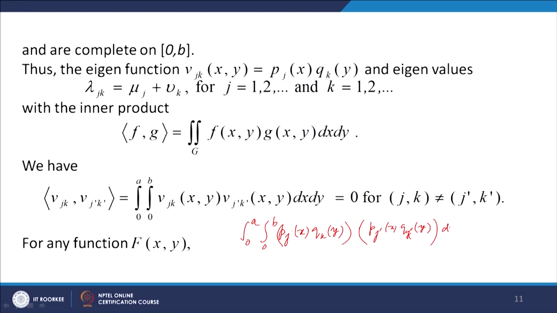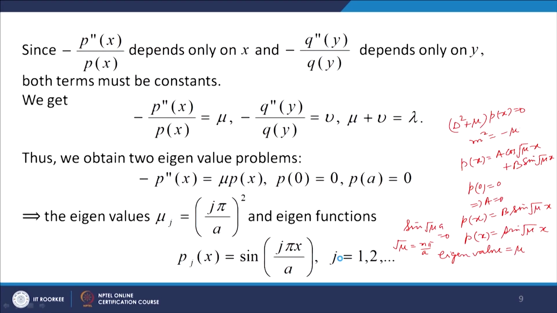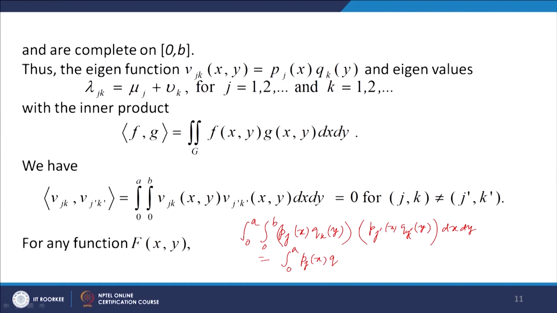Into dx dy. We can then separate the integrals: 0 to a p j x into p j dash x dx, into 0 to b q k y into q k dash y dy, because they are orthogonal. That property we satisfy.